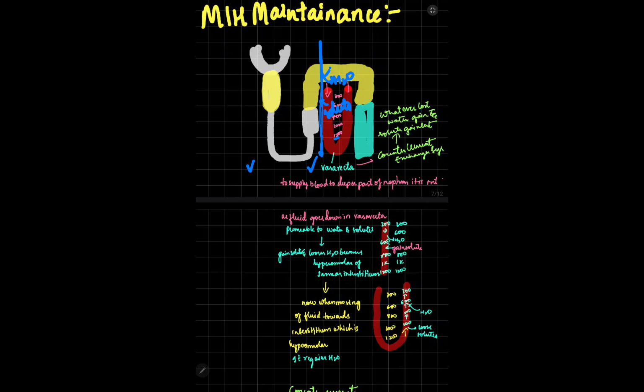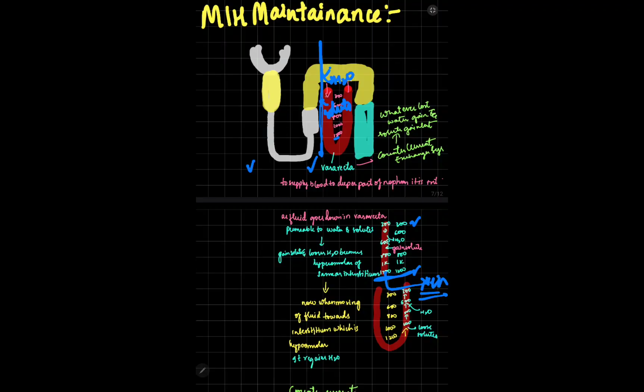Look here, as it was moving down, it is losing water and gaining solutes, so it would have become hyperosmolar at the end, right? And this hyperosmolar fluid would have directly joined the vein and escaped everything.